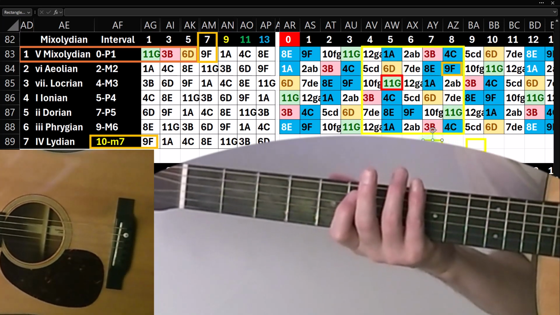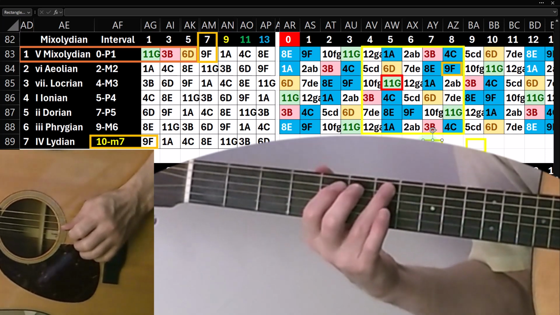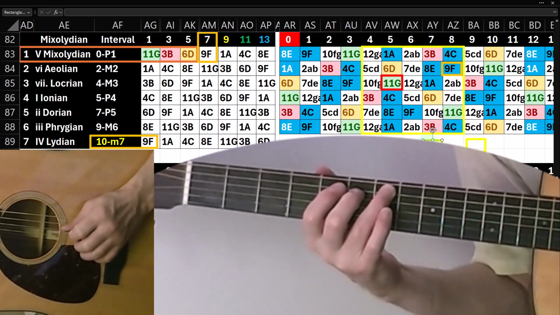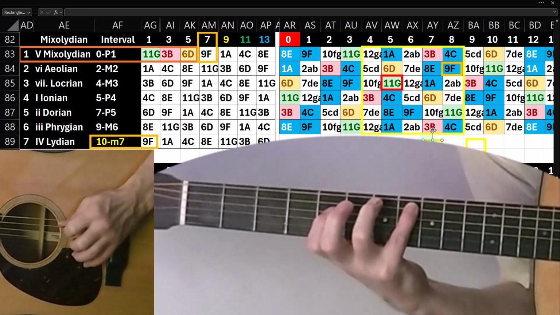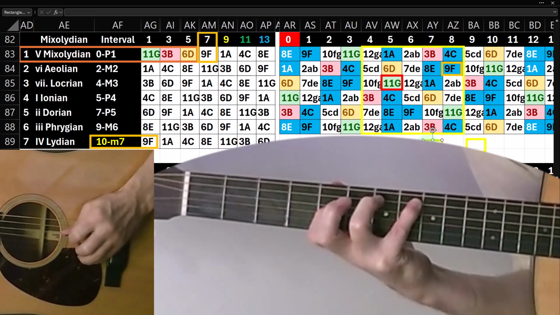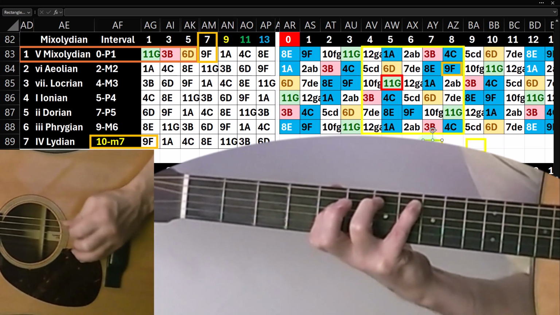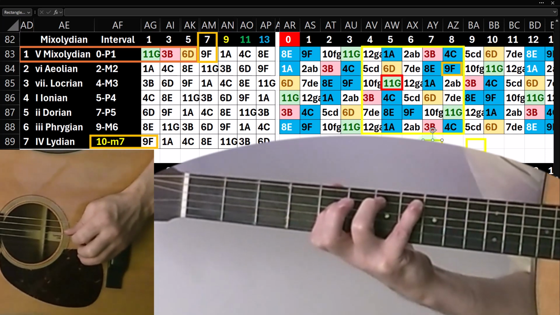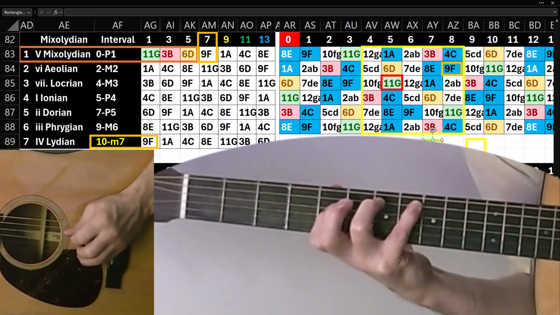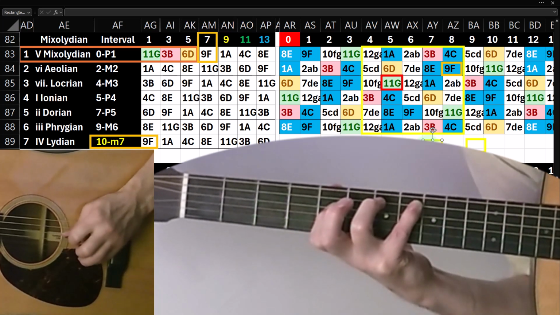Let's count it up over here: -5, -4, -3, -2. So if I go from top to bottom, from F to G, that would be a 2 note away major second. Therefore, from bottom to top would be a 10 note away minor 7.